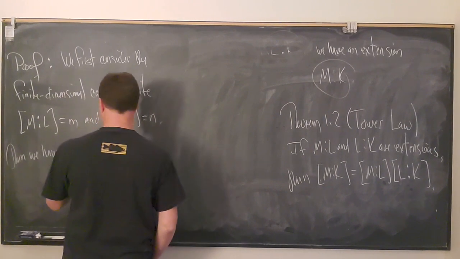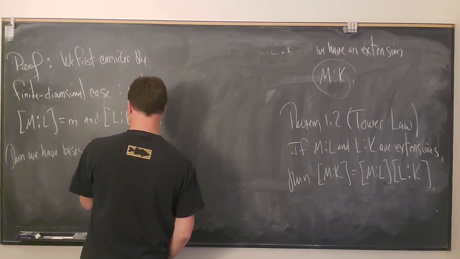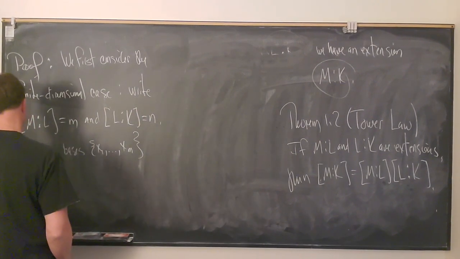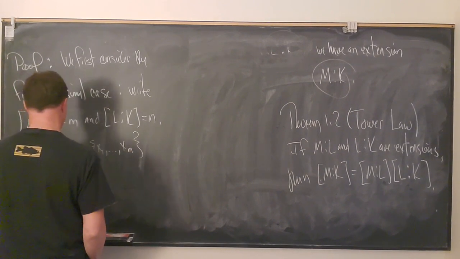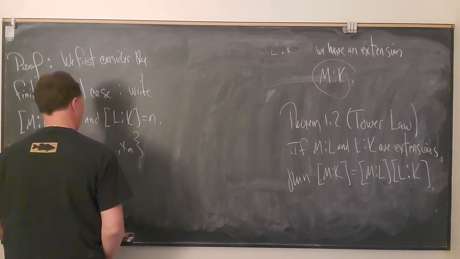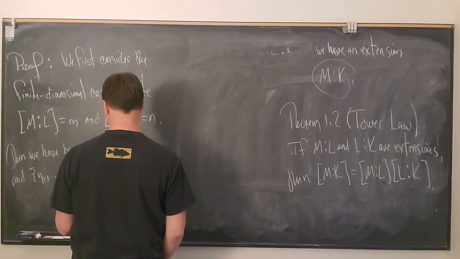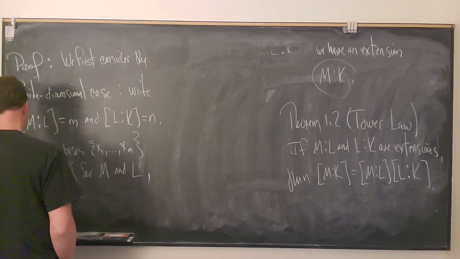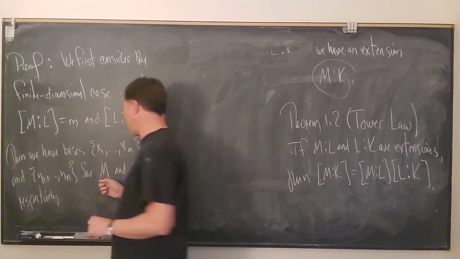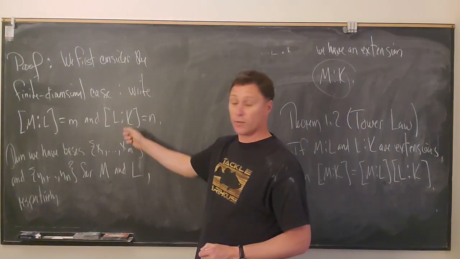Let's say x1 through x sub m and y1 up through y sub n for M and L respectively. Where here, when I say for M, that means M as a vector space over L and L as a vector space over K.